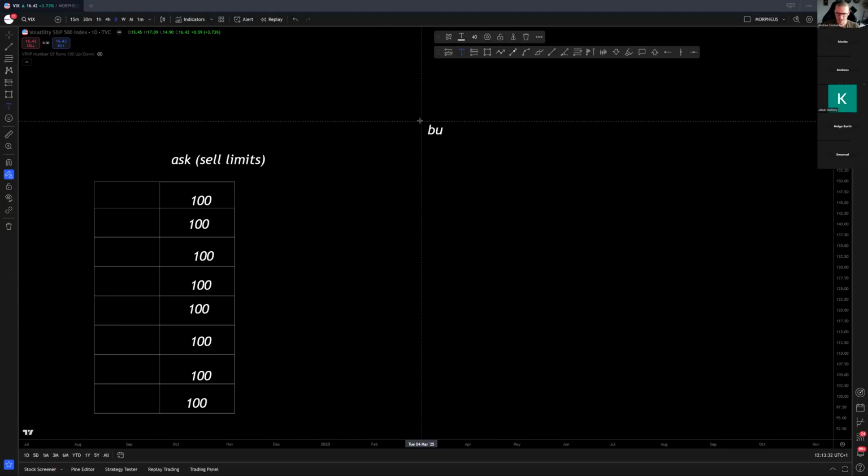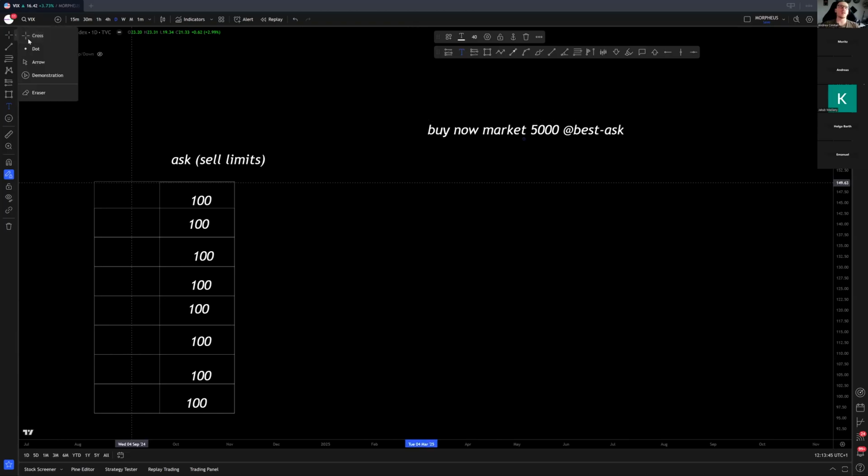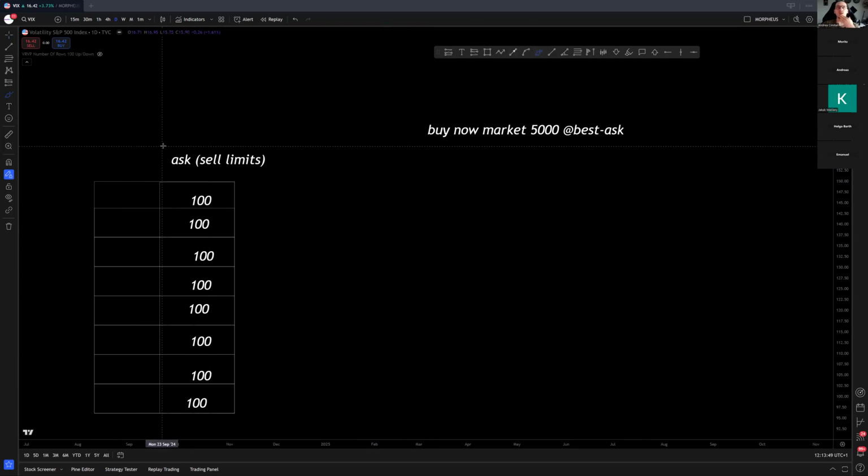So buy now, market 5,000. If you buy market, you're going to buy at the best price. And the best price is the best ask, because these are the sellers in the book, and the sellers in the book will act as your counterpart. So these are the so-called market maker orders.